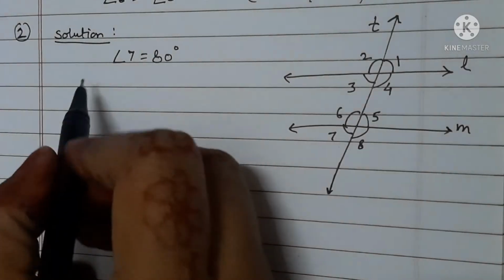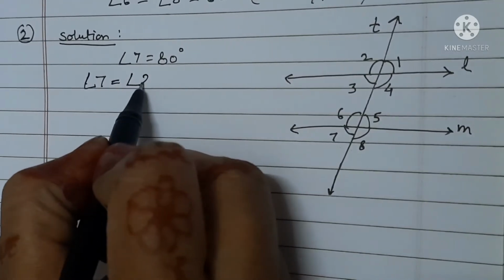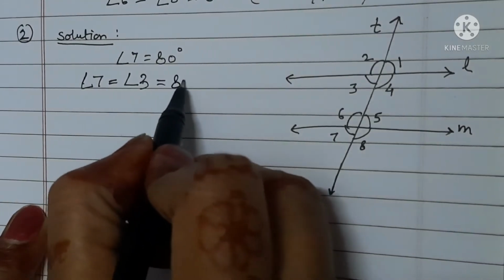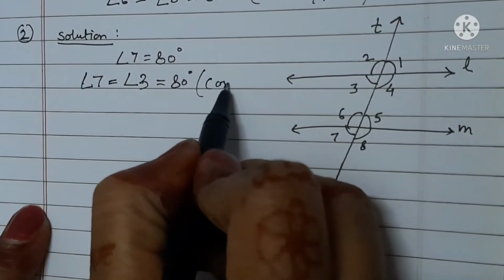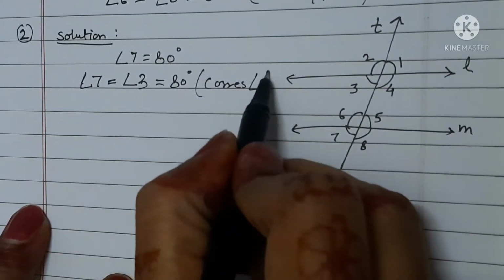So here you can write angle 7 is equal to angle 3 is equal to 80 degrees, and give the reason, corresponding angles. This is the symbol of angles.